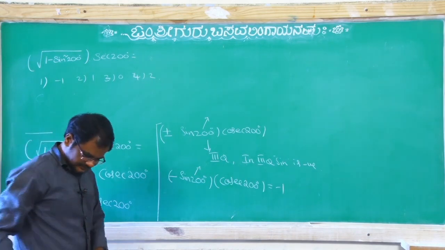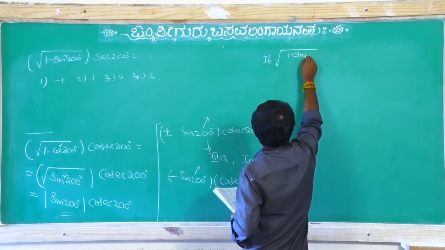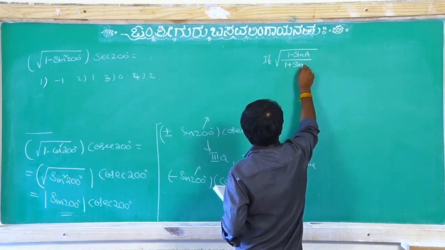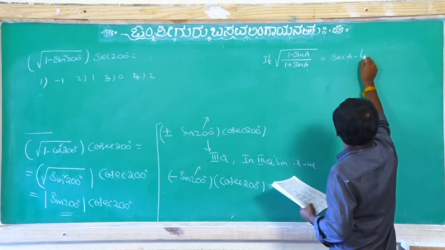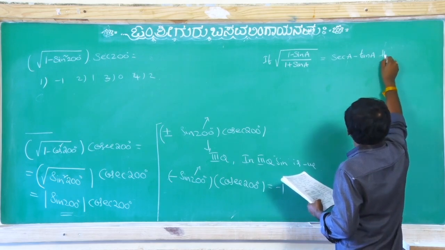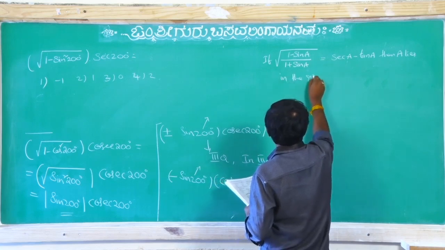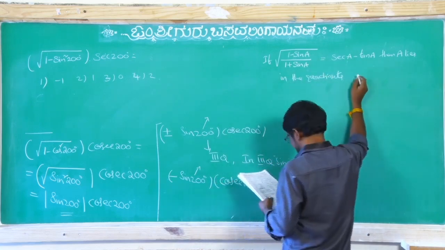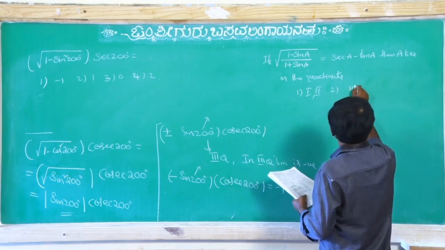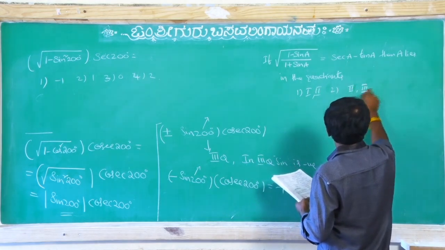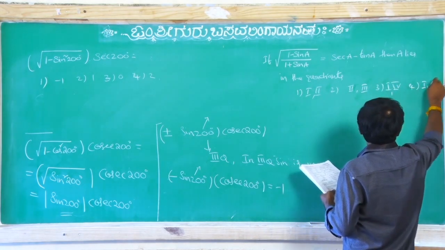Root of, they given here: if root of 1 minus sine A divided by 1 plus sine A equals secant A minus tan A, then A lies in the quadrants: first and second quadrant, second and third quadrant, first and fourth quadrant, first and third quadrant.